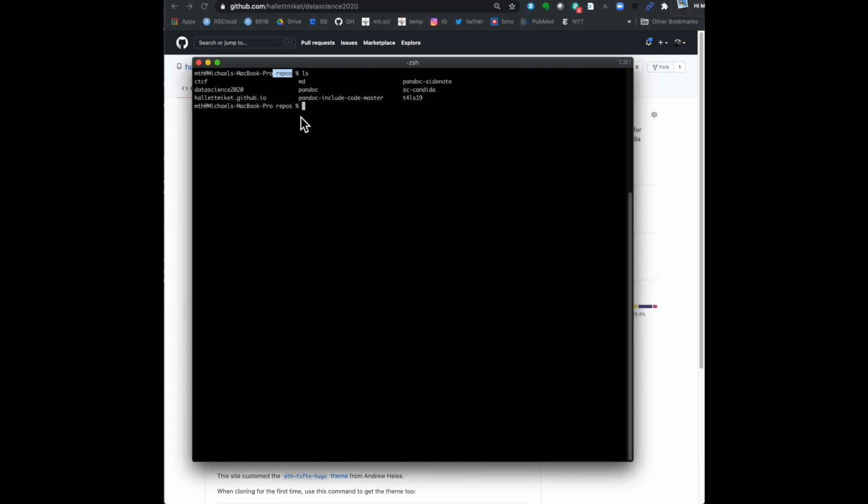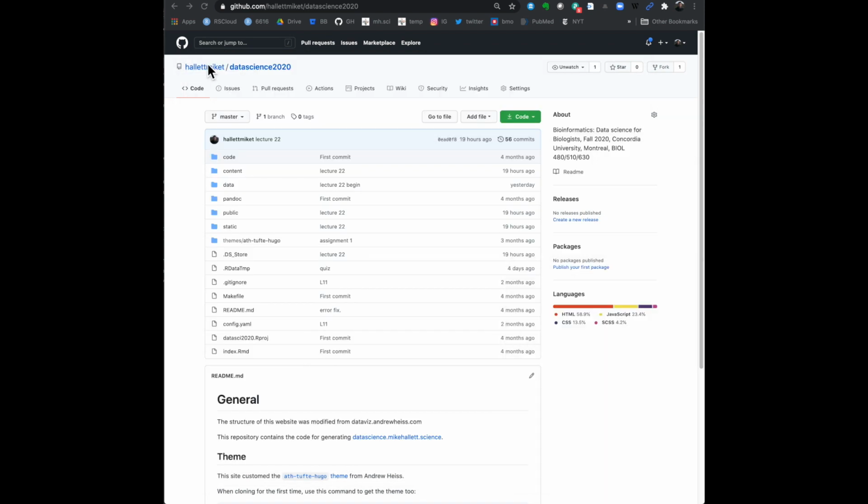My path is just into repos, and I can go into Data Science 2020, and if I do an ls, I can see there's a bunch of files there. That's a copy of all the code that's in here, and Git takes care of the copying to and from, the pushing and pulling of files between the main repository, that's this, and my local machine.